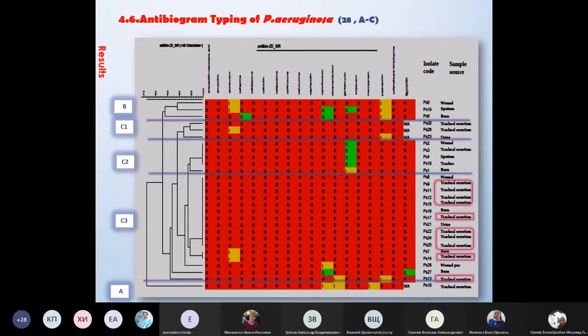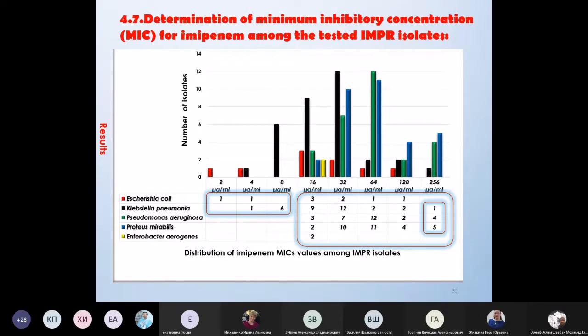And finally, the antibiogram of Pseudomonas aeruginosa. Determination of the minimum inhibitory concentration, or MIC, of imipenem among the tested imipenem-resistant isolates showed that only about 9 isolates showed lower resistance to imipenem, with concentrations of 2, 4 and 8 microgram per milliliter.